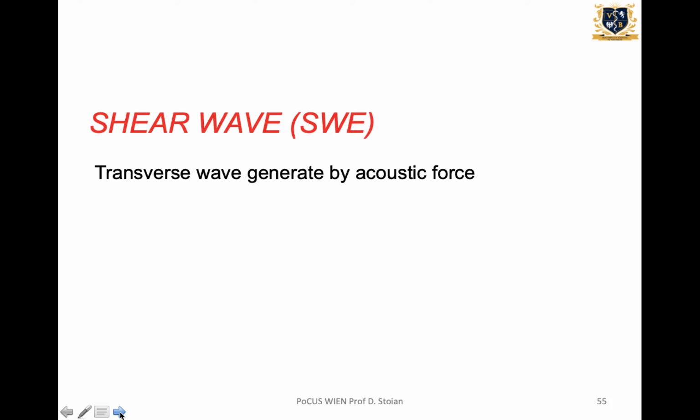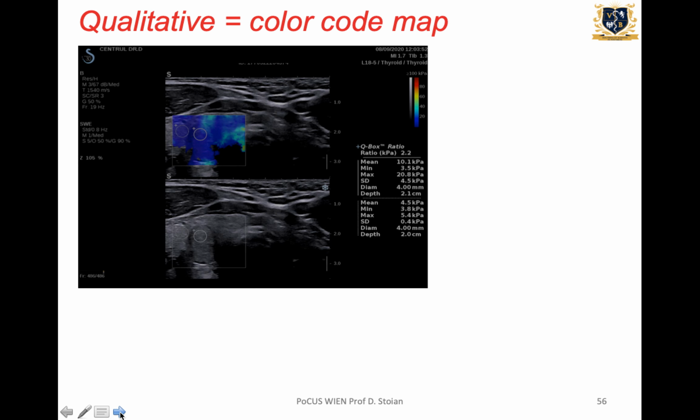What about shear wave? The same transverse wave generated by the ultrasound, by the transducer itself, and the force is tangential to the lesion, and the lesion will have a different deformation according to its own elasticity.